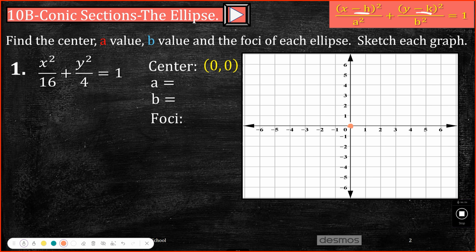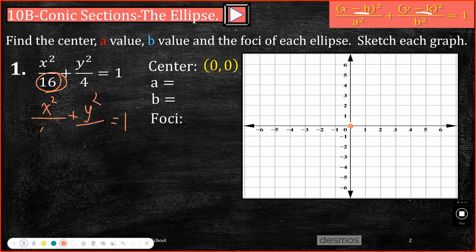Okay, how do we find the A value? Let's rewrite it in that form right there. So it would be x squared plus y squared equal to 1. But it has to be in A squared form. So how to rewrite this? 4 squared. Yes, we're going to write down 4 squared.